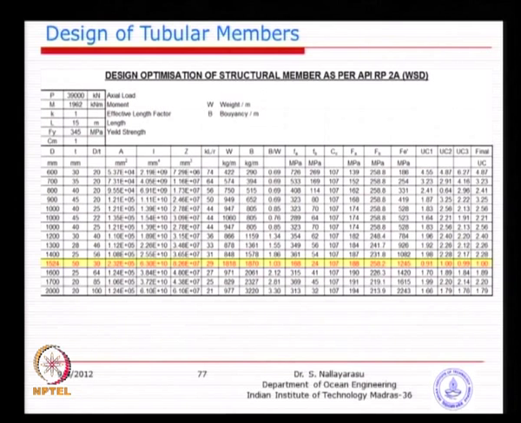So, the primary purpose is to come up with reduced weight, number 1, for the same answer. Weight means cost and weight also means additional buoyancy, while at the same time satisfying other conditions like KL by R and D by T ratio.